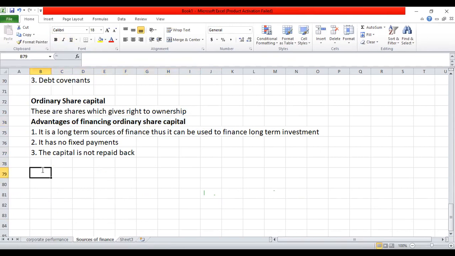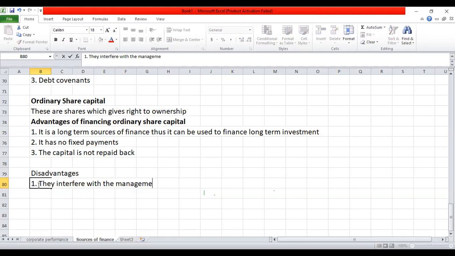What are the disadvantages? They interfere with the management of the business. Because they are the owners, they attend the annual general meeting, and they can interfere with the management of the business.